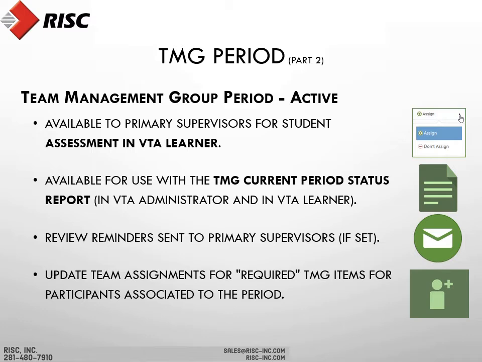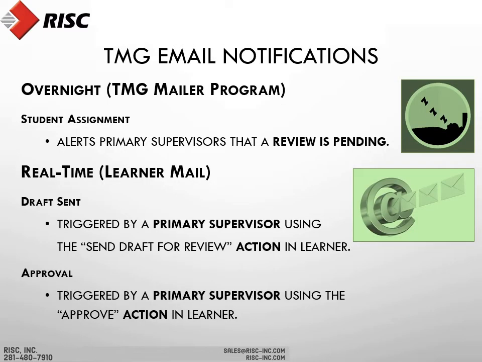Review notifications are sent to primary supervisors nightly, and team assignments for required TMG items are updated nightly for participants assigned to the period. Team management triggers the following email notifications. Overnight, the TMG mailer program launches to determine which primary supervisors need an alert that a review is pending.